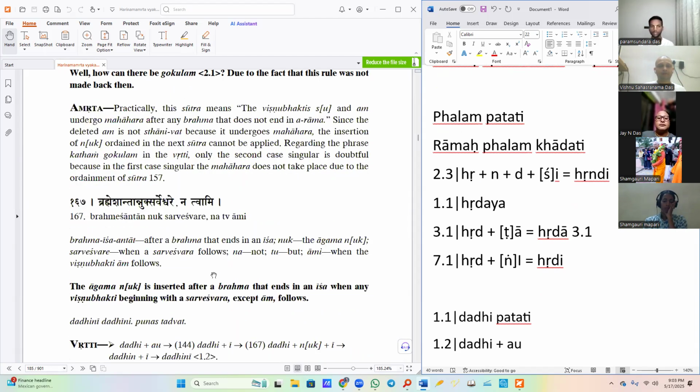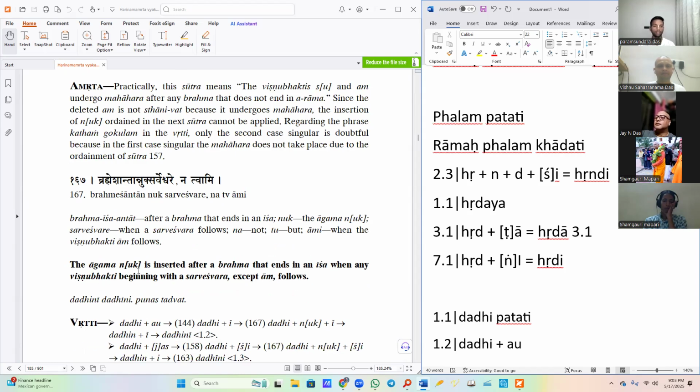The next sutra says, Brahme Shantan Nuk Sarveshware Natvami. The Agama Nuk. Tidagama Purva Sambandhi, Tidagama Parasambandhi. So the insertion Nuk is inserted after Brahma Shabda that ends in Isha.